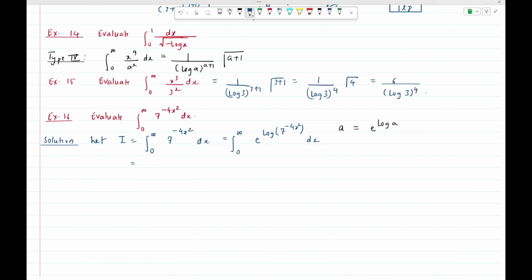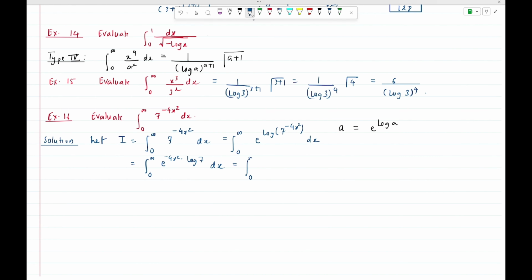And by the property of log, this exponent will get multiplied. So we will be getting the integral from 0 to infinity of e raised to minus 4x square into log of 7, dx. So you can see now this looks like type 1, or rather type 2.